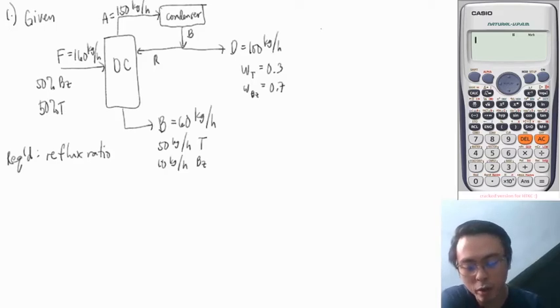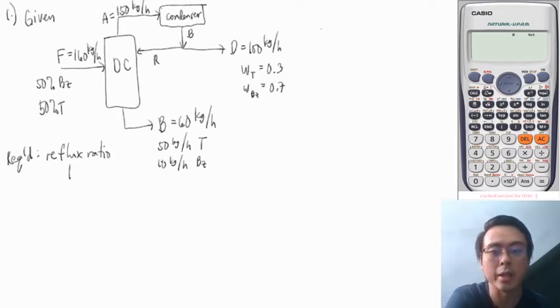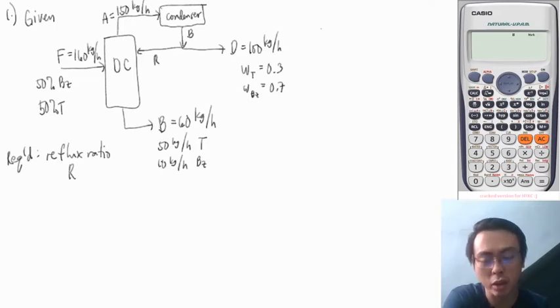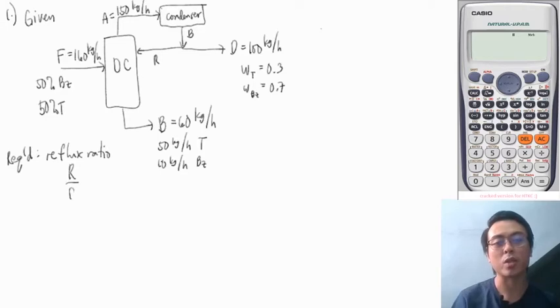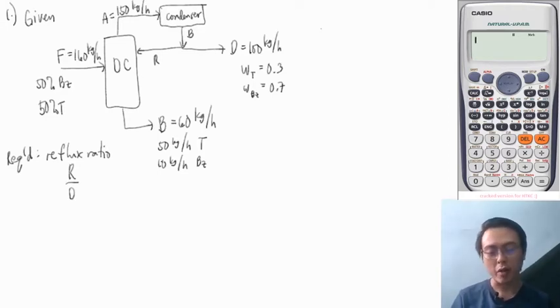So the amount recycled is R, or that is the stream that is sent back to the distillation column, and the distillate is D. So we are effectively solving for the value of R over D. Looking at our given, we already have a value of D, that is 100 kilograms per hour. So we just have to solve for R in order for us to solve for the reflux ratio.